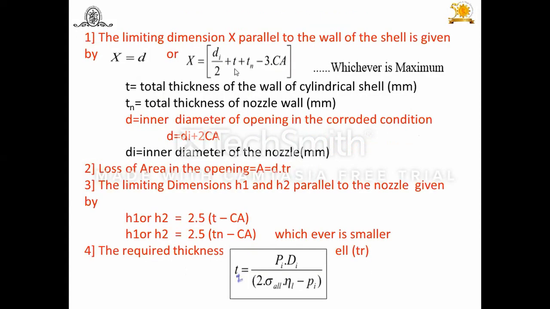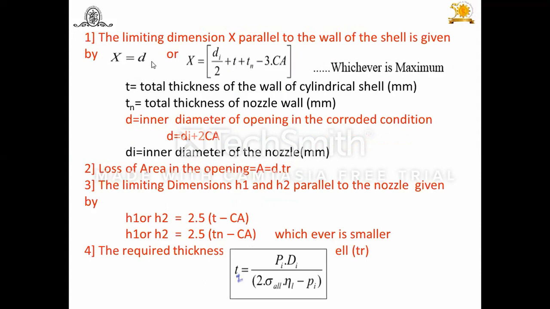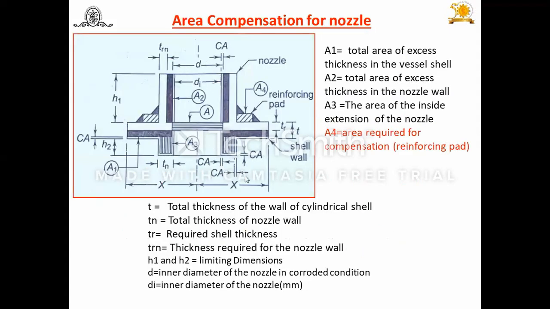We have to consider the total thickness of the cylindrical shell plus the total thickness of the nozzle minus 3 times Ca. Out of these two equations, X is equal to D or X is equal to this, whichever is maximum, that is the X. That means you have to decide this X. So you will get this X from these equations. X is equal to D or X is equal to this, whichever is maximum, that is important. Then D I have already told, Di plus 2Ca, you will also get an idea from this figure.